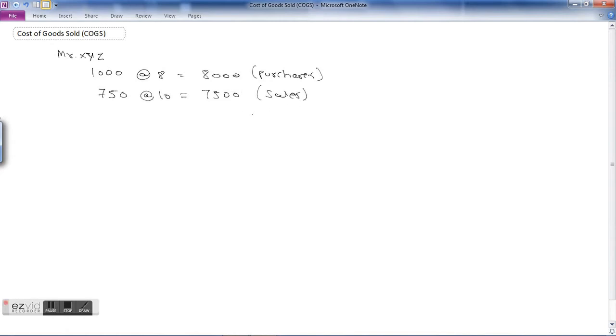Now in simple mathematics, if you want to find out the profit he has made in the financial year, how will you calculate?